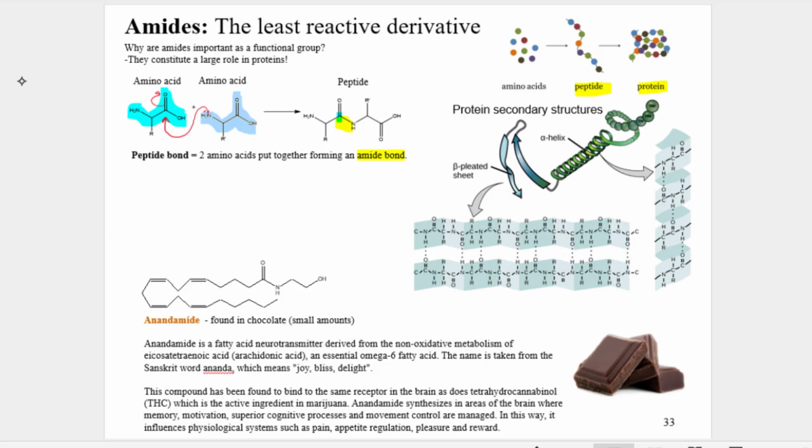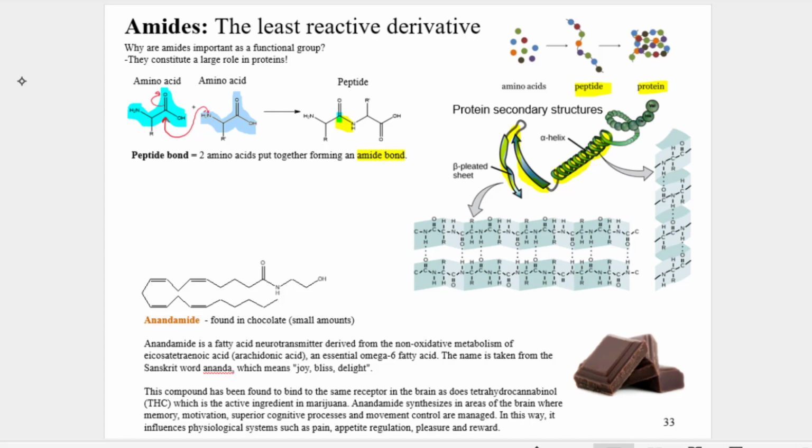Because of the intermolecular forces, one end of the molecule is attracted to another end, and you form beta-pleated sheets or helical formations of these long chains. And so you end up getting secondary and eventually tertiary structures for these very large macromolecules that have stable conformations.